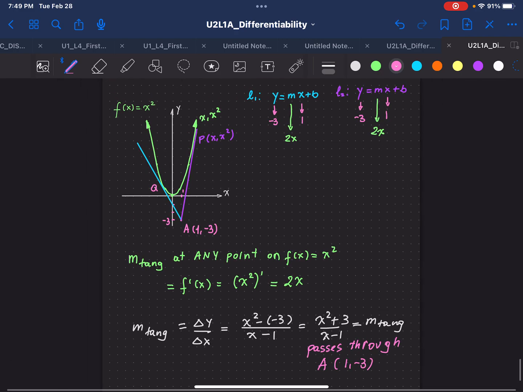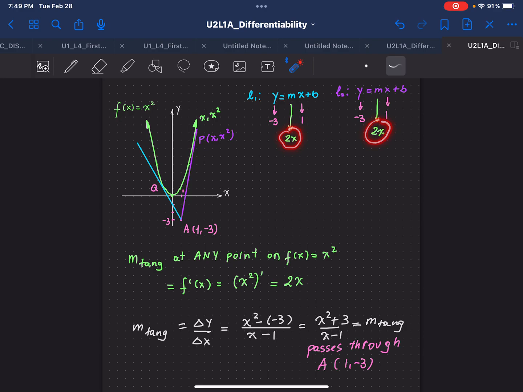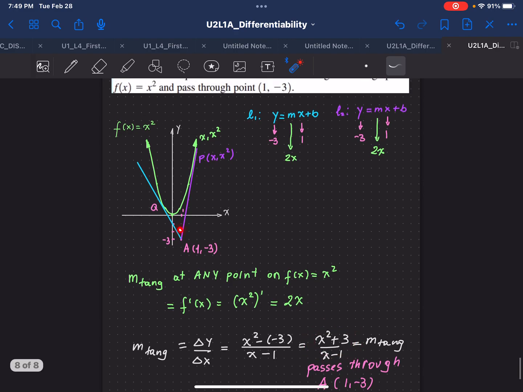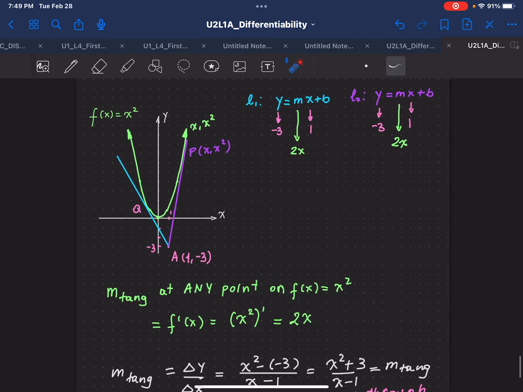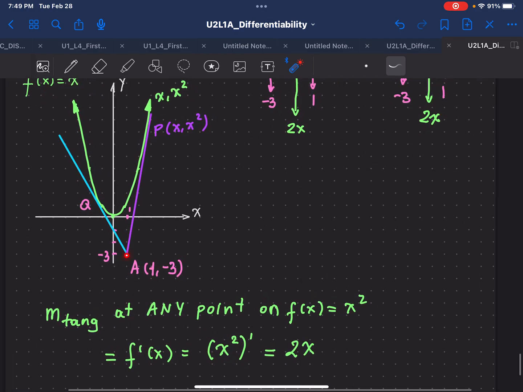So if we're finding the slope of the tangent as 2x, which again represents the slope of any tangent drawn on the parabola, or as x squared plus 3 over x minus 1, which actually is more specific because it tells us the slope of the tangent to the parabola but that passes through the point A.